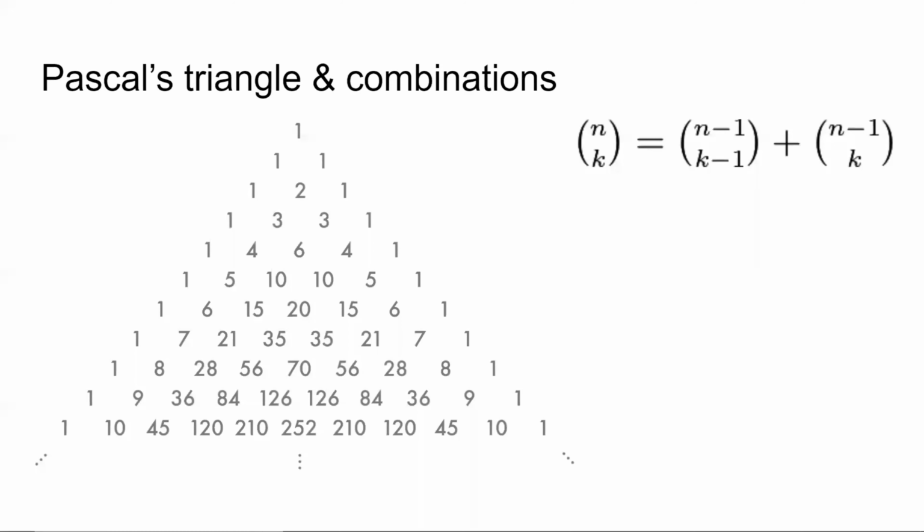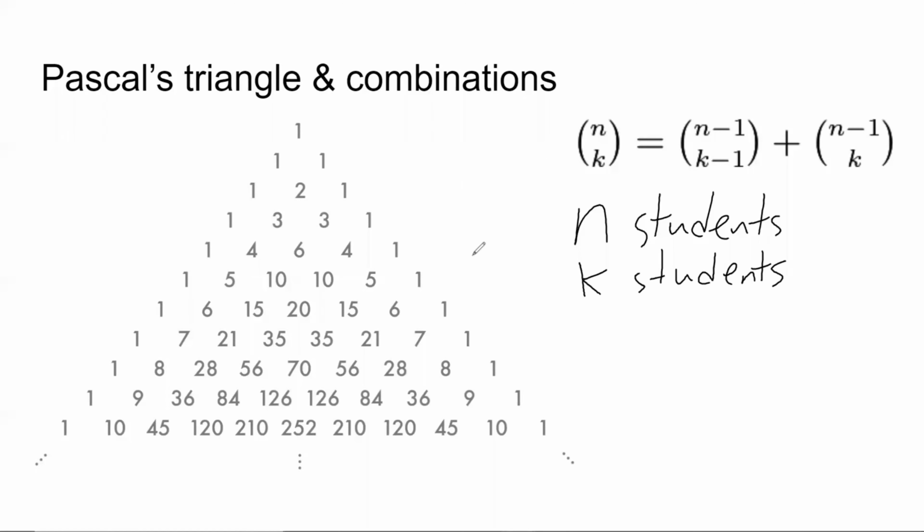Okay, so basically, a hint would be, let's say we have a class full of N students, and we want to choose K people to go to the principal's office, right? And let's look at a very specific person.